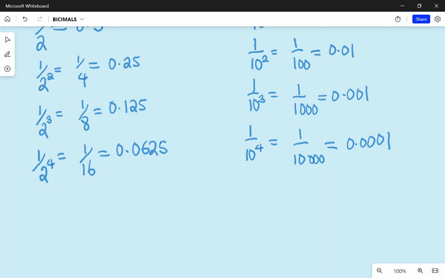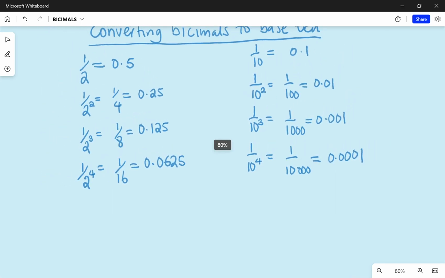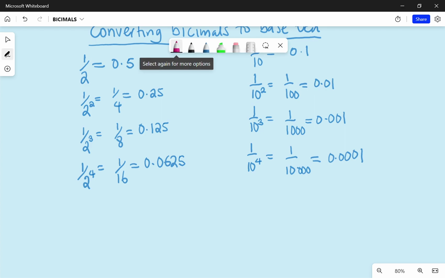Now I want us to notice one thing here. I hope you can see those numbers. For me to get to this number here, I'm squaring 0.5 to get to 0.25.